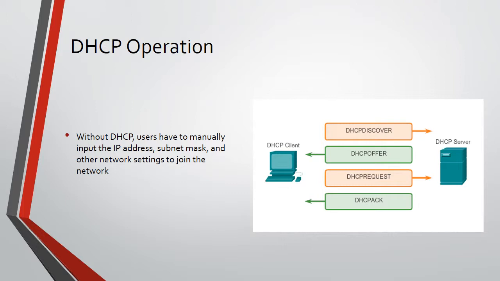The client may receive multiple DHCP offer messages. If there is more than one DHCP server on the local network, it must choose between them and send a DHCP request message that identifies the explicit server and lists the offer that the client is accepting.